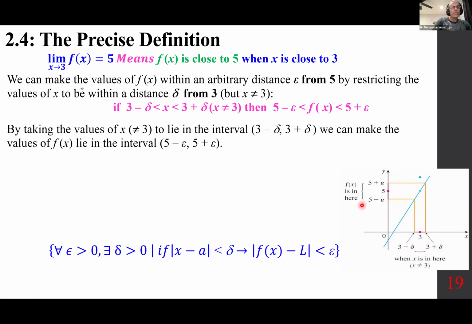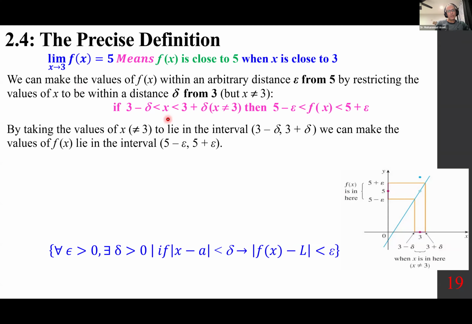Now, we can make the values of f of x within an arbitrary distance epsilon from 5 by restricting the values of x to be within a distance of delta from 3, but of course, not x equals 3. If 3 minus delta is less than x, less than 3 plus delta.